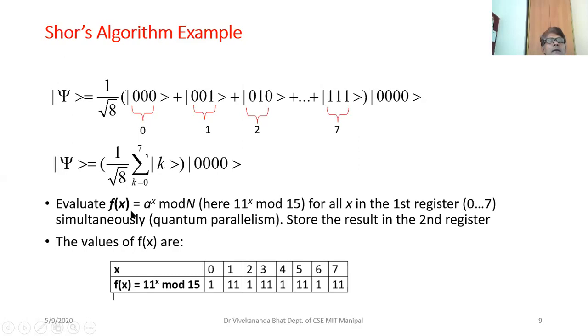Next, we are evaluating f of x equal to a to the power of x mod n. Here a we have chosen as 11. So this table gives various values of f of x for all the values of x in the first register, 0 to 7.